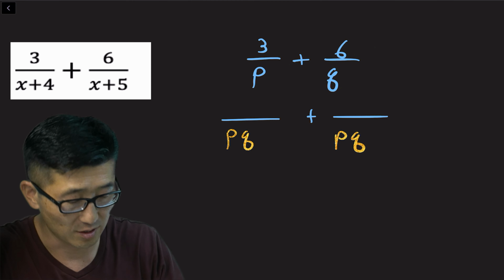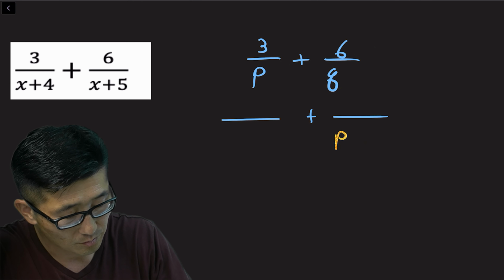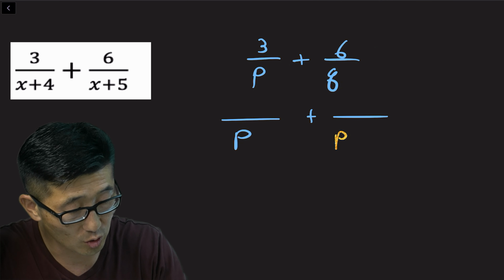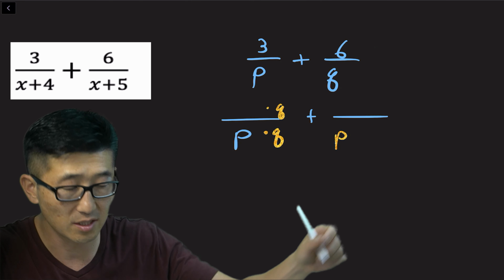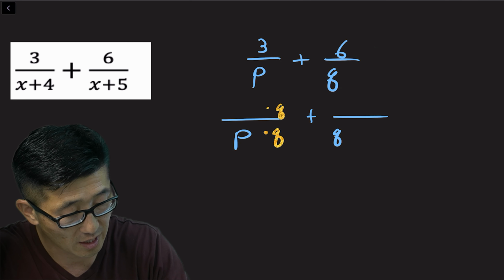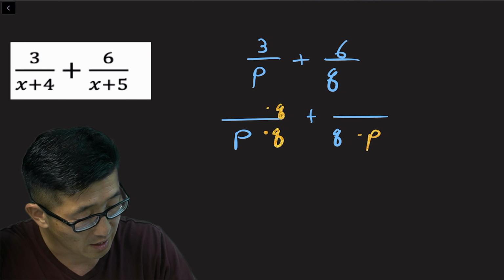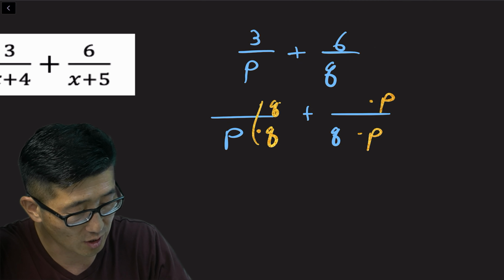But I'm going to do it like this, okay? Since p is already there, I need a q, so I'm going to multiply a q here and a q on top. And on this side, since I already have a q, I need to multiply a p and a p. And if you notice, q over q basically equals the number 1.